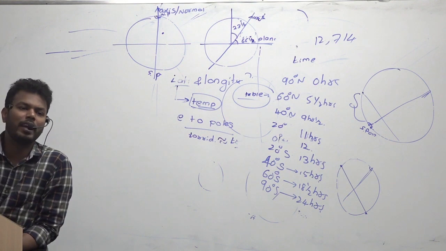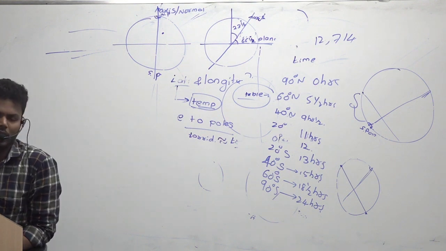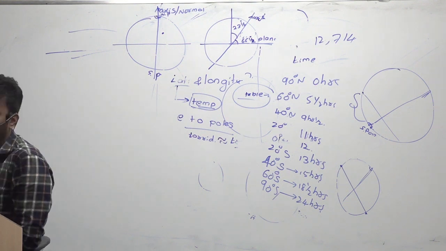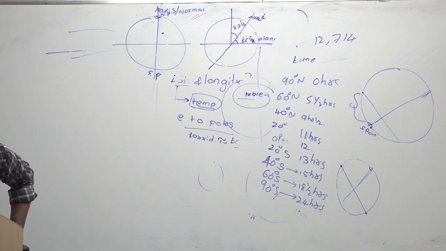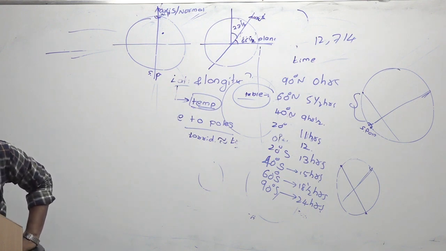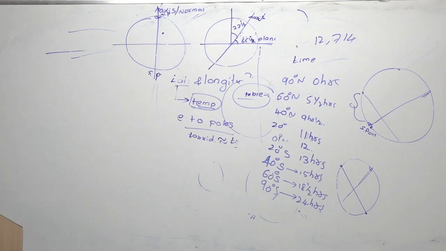Circle of illumination means the area under sunlight. Okay, the circle of illumination includes the North Pole and excludes the South Pole. The North Pole experiences 24 hours of brightness. It is 24 hours daylight.